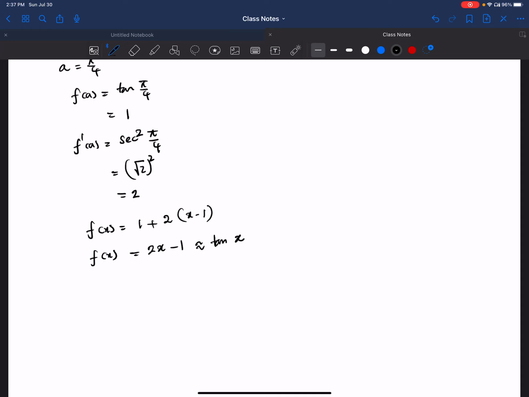It might change at another point. Oh, actually, I need to put that as pi over 4. So I need to put that 2x plus 1 minus pi over 2.